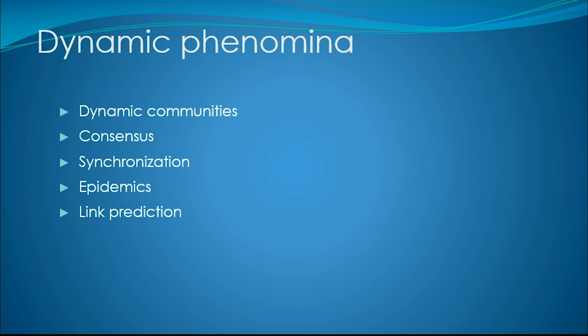And next is epidemics. What's an epidemic? Maybe a disease, maybe a virus. How does a virus spread through a computer network, or how does a disease spread through a human interaction network? That's important.